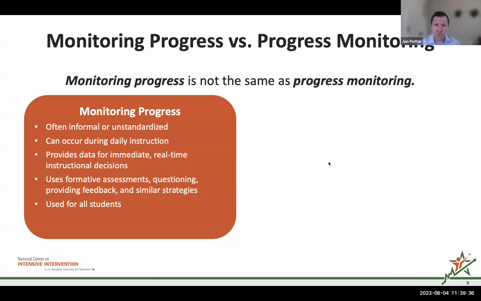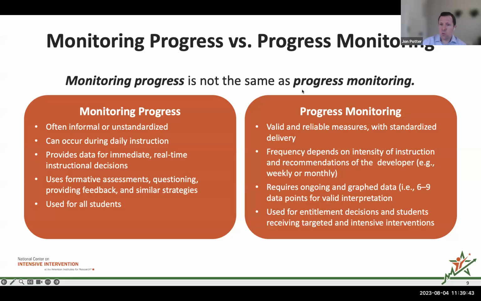So that's monitoring progress. What we're going to talk about today more is progress monitoring, which is really the use of a valid and reliable measure that has some sort of standardized administration to measure responsiveness to an intervention. So the frequency is going to depend on the intensity of the instruction and the recommendations of the test developer.